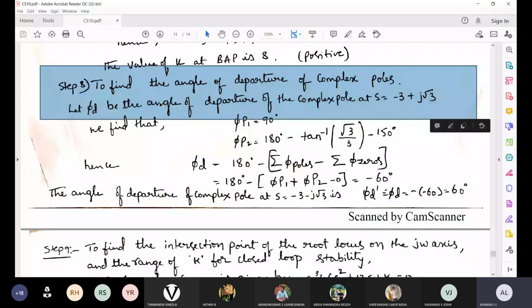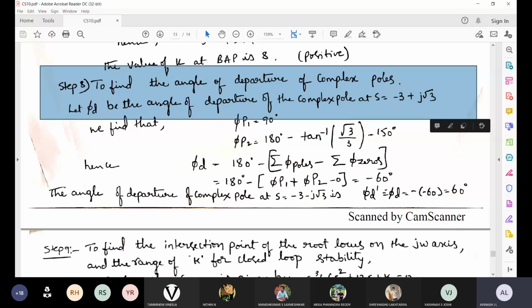What is that particular complex pole? It is minus 3 plus j root 3.